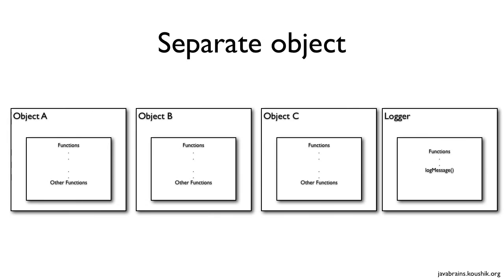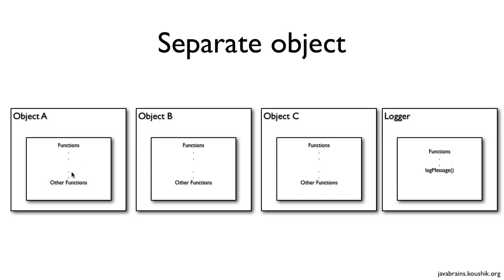One way to do this is to take that method out and create a separate object for it. Of course, you cannot just leave a method floating on its own. You would have to include it inside an object. So you would have a log message method inside a new object called the logger object. And then object A, B, and C would not have that log message method anymore.